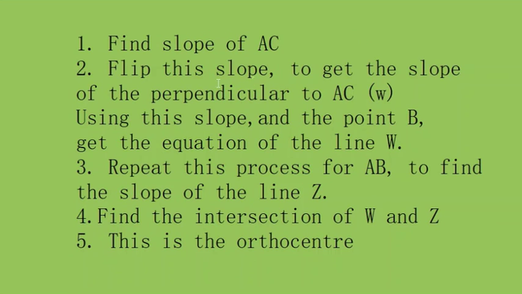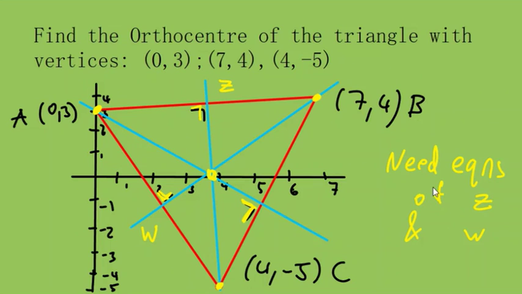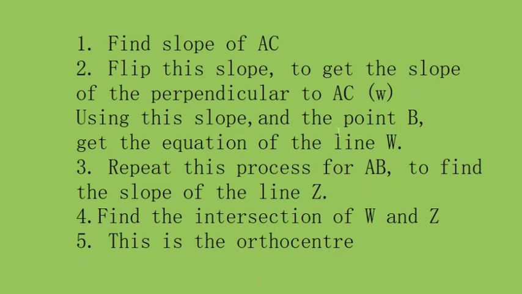So the perpendicular to AC, which is called W. Using this slope and the point B, get the equation of line W. So this is what I wanted to get. I wanted to get the slope of the equation of W. I now have this slope if I've followed these steps, and I have a point on that line B, so I can use that to get the equation of W.